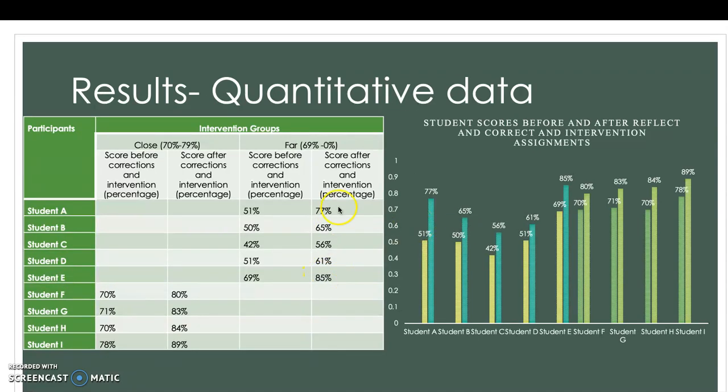All right, so this is just my data from where my kids started and then where they ended once they completed the assignment. So in my FAR group, I saw some big improvements in students and then some not so great improvements.